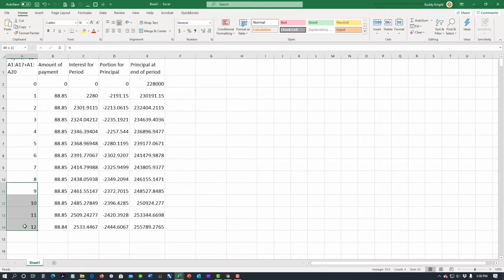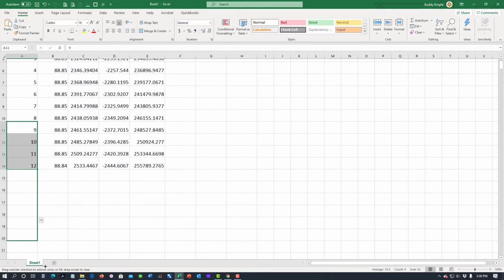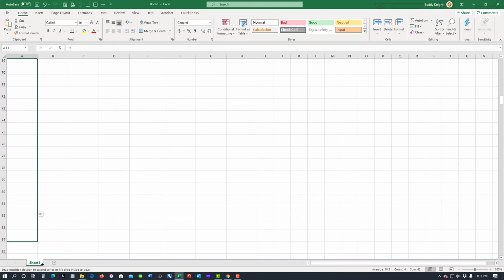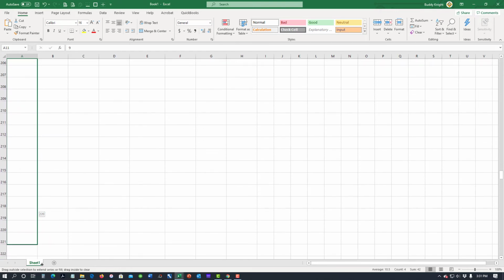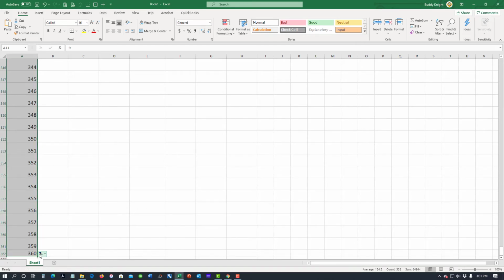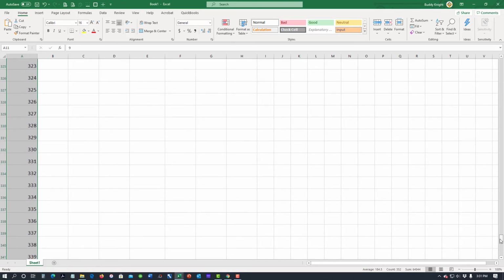And then I can take just the last few numbers here and drag this down to get my 360 payments. And I think you can see here that having a table can be much more useful for a long-term loan like this.